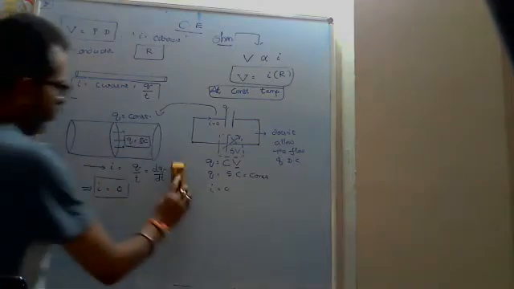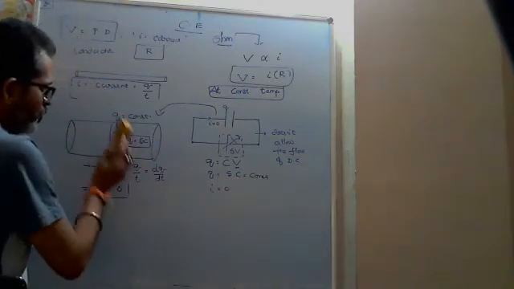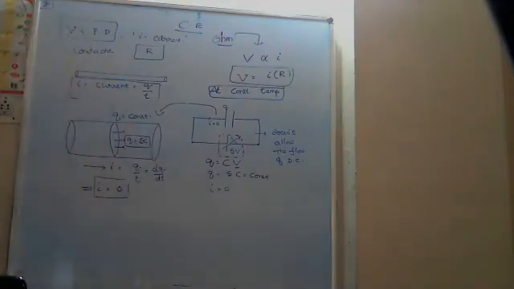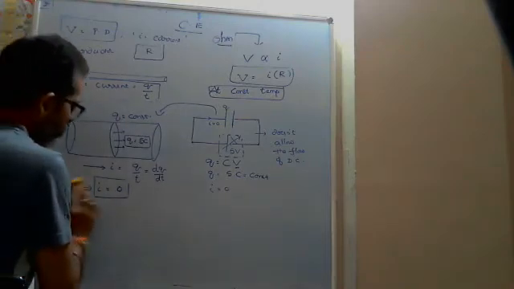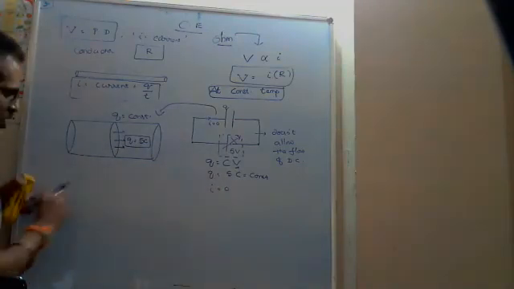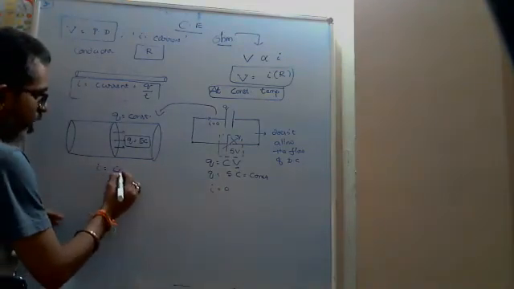So here we understood when charge through a particular cross section is constant, then obviously current through the conductor in the circuit is zero. And number two, suppose I want the current to be constant, not Q constant.